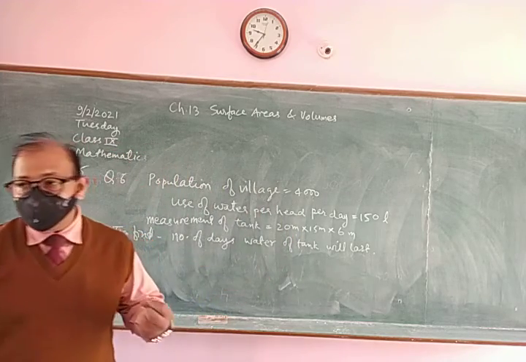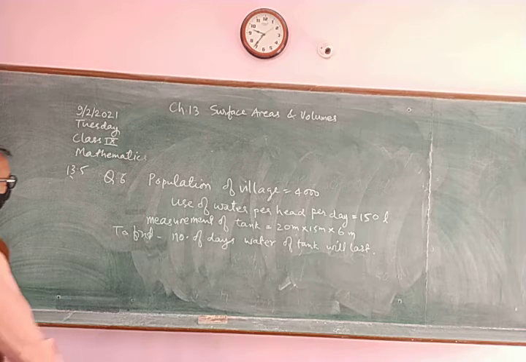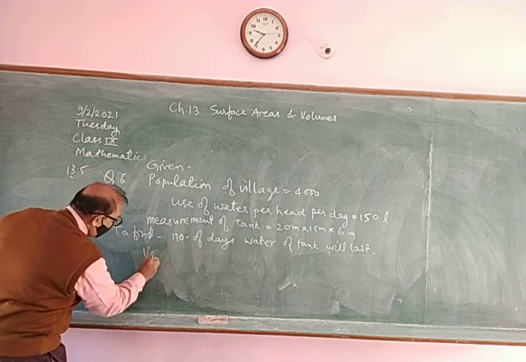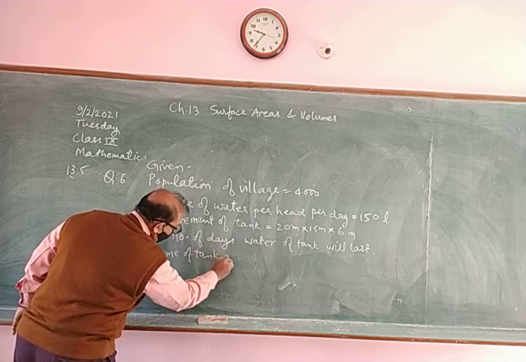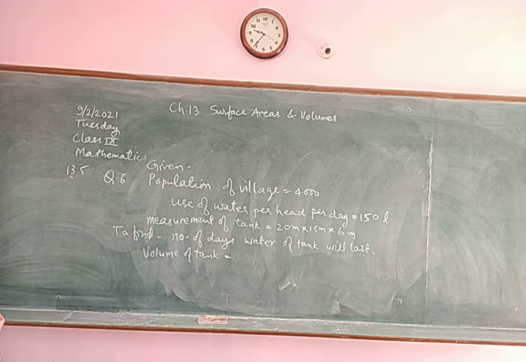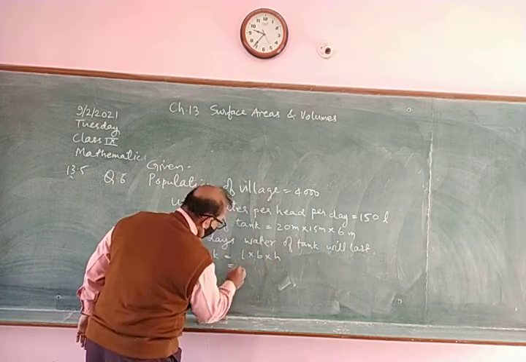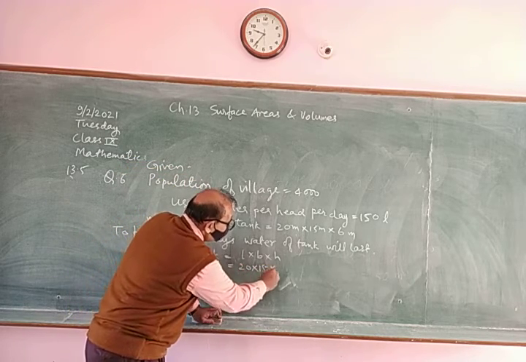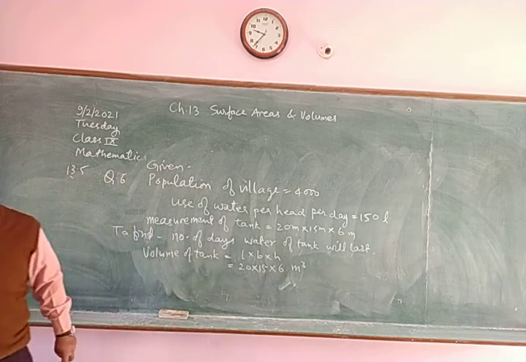So what we do? First we find the volume of the tank. Volume of tank is equal to length into breadth into height, which is 20 into 15 into 6 cubic meter.